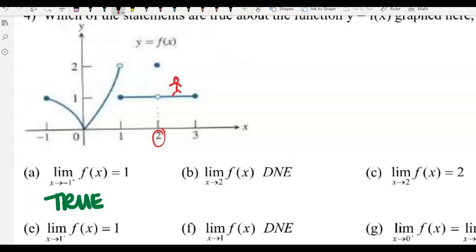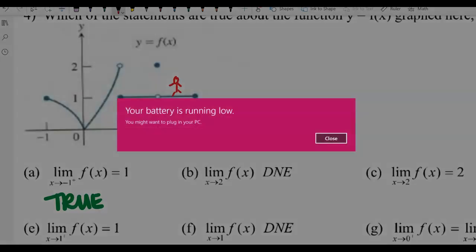What is the y value getting closer to? Aiden, what is the y value getting closer to if we're doing the right-hand limit? 1. Okay? Remember, the limit does not have to be equal to the actual algebra value. Does that make sense so far?